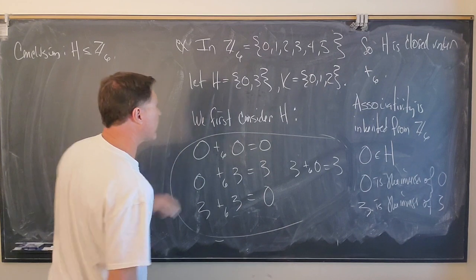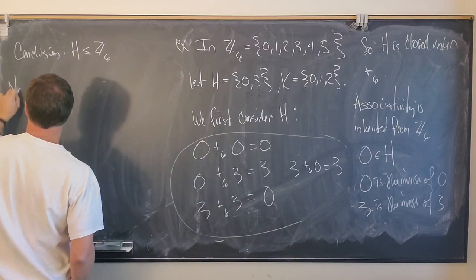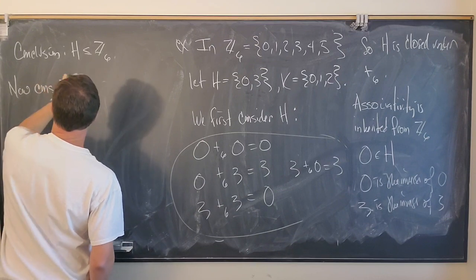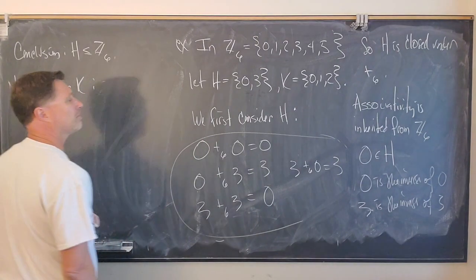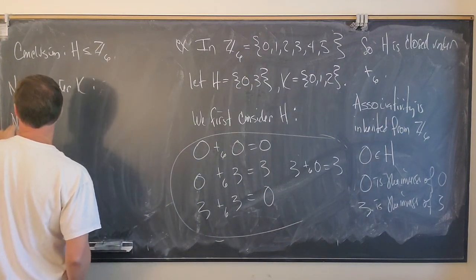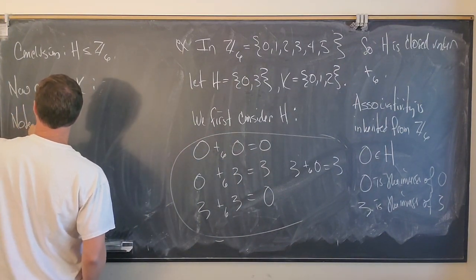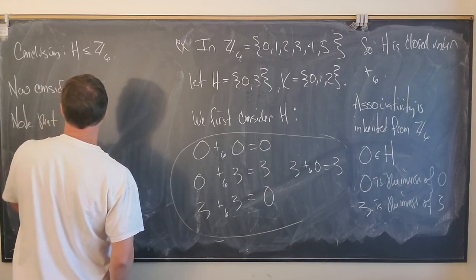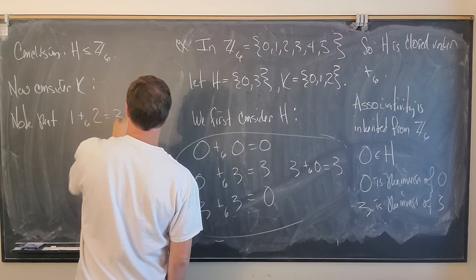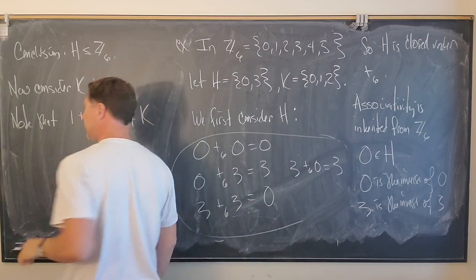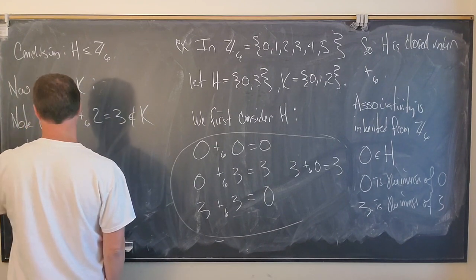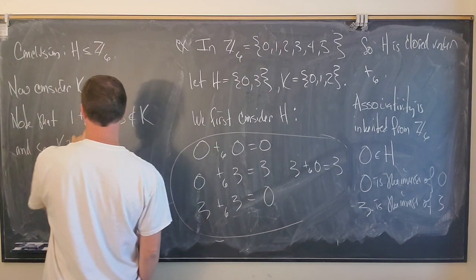So now let's look at K. The first thing to notice is that 1 plus 2 is equal to 3, which is not an element of K. And so K is not closed.